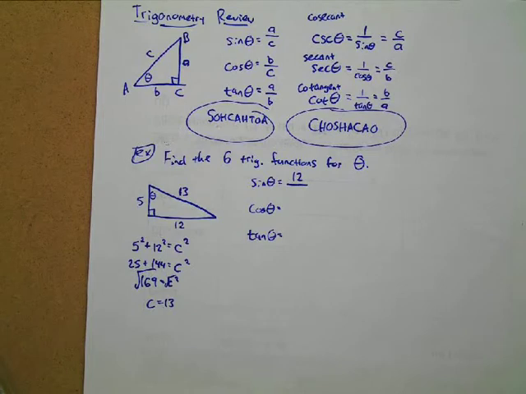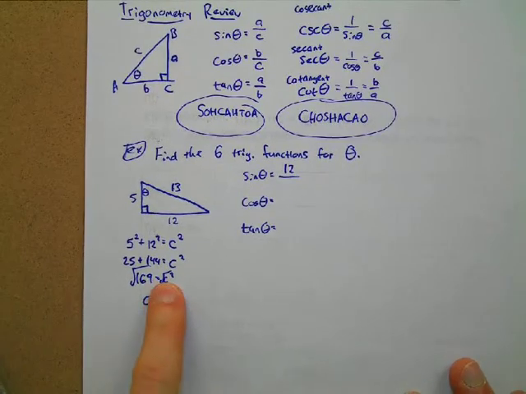It doesn't make sense in the context. A negative 13 would not make sense in the context. If you take out the context and you're just solving the equation, 13 and negative 13 would be answers. But we're talking about a triangle's length, you won't have a negative 13 side length. It's the square root of c squared, and then 169 there.